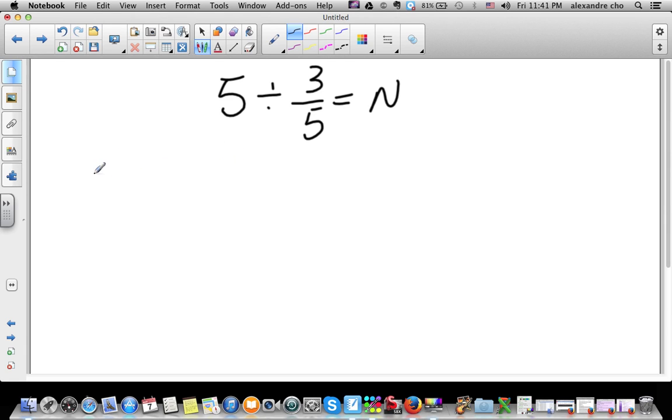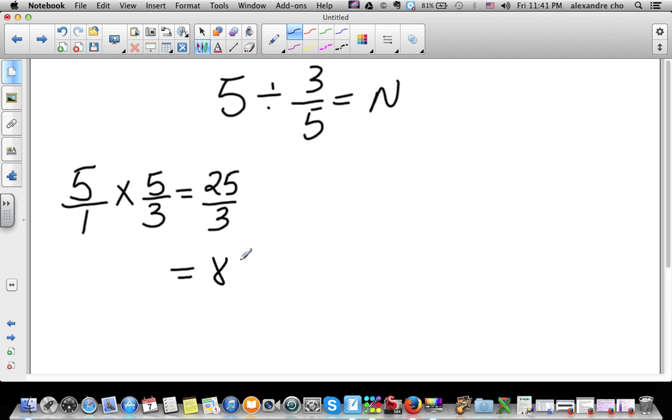The first way is by multiplying by its reciprocal. So you get 5, and you put it over 1, change the division to a multiplication, and you flip or find its reciprocal, which is 5 over 3, and you get 25 over 3, which is 3 goes in 25 8 times, left over 2 out of the 3. That's your answer using multiplying by its reciprocal.